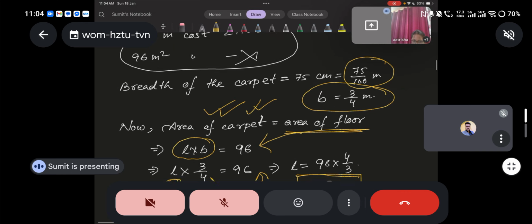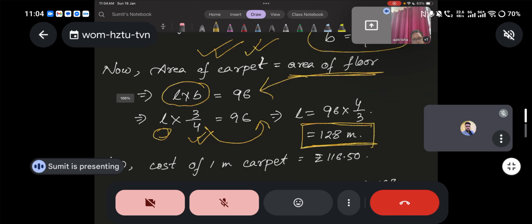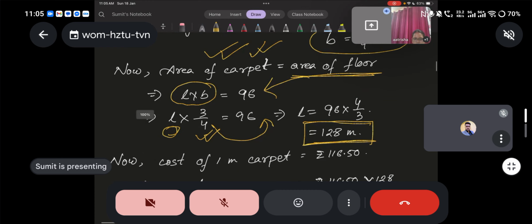That means right now 1 meter carpet costs rupees 116.50. So how much length are we purchasing? How much length of the carpet is needed? That is 128 meter. So 128 meter of carpet will cost how much? Okay, that is the question. Any doubt on that? No. Okay.